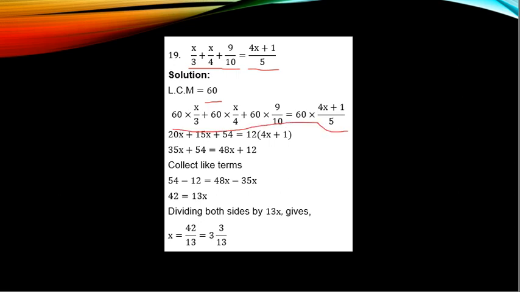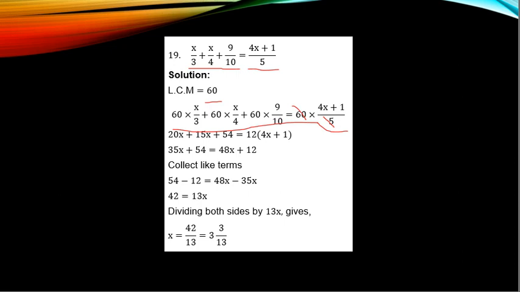After clearing the fractions, you have 20s plus 15s plus 54 equal to, if you divide 60 by 5, you have 12 into, that is 12 bracket open 4s plus 1 bracket close, because the term outside ought to multiply 4s plus 1. That is why I place it in bracket to enable 12 multiply through.